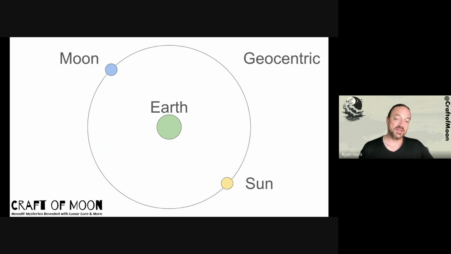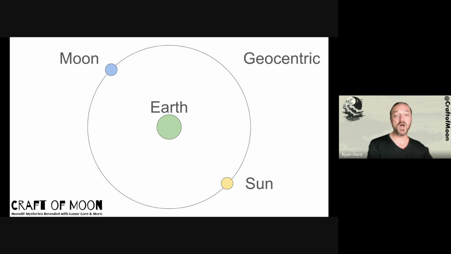The next planet, or the next object on our diagram, is the sun. And I want to remind us that we are talking about a geocentric representation of the orbit of the sun. And we get this geocentric representation because the Earth is rotating. And the rotation of the Earth causes the sun to traverse the ecliptic as it moves across the sky of the Earth.